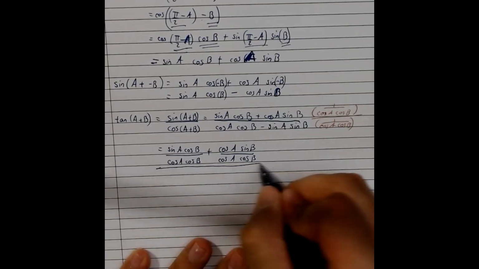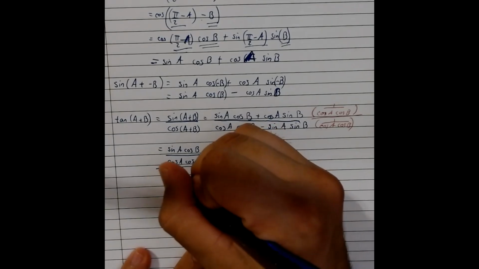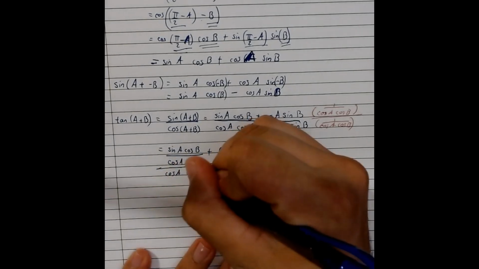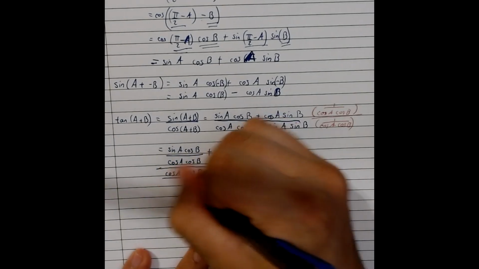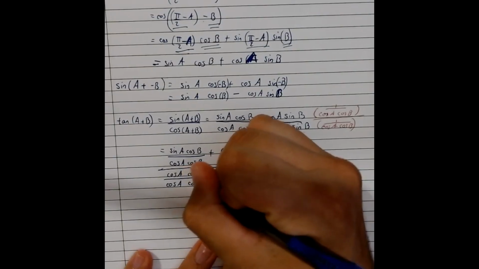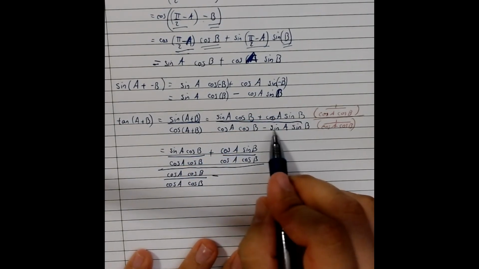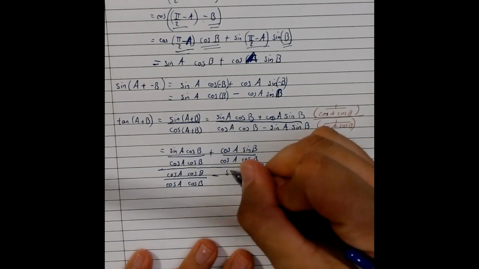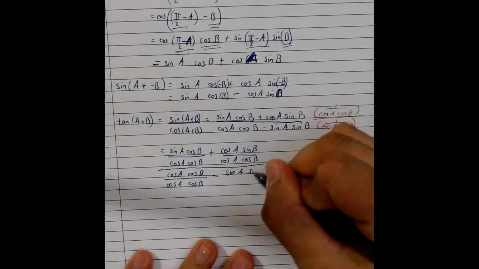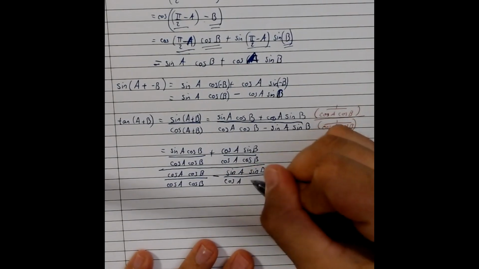And now over, and I will do that here as well, cosine A cosine B over cosine A cosine B minus sine A sine B over cosine A cosine B.